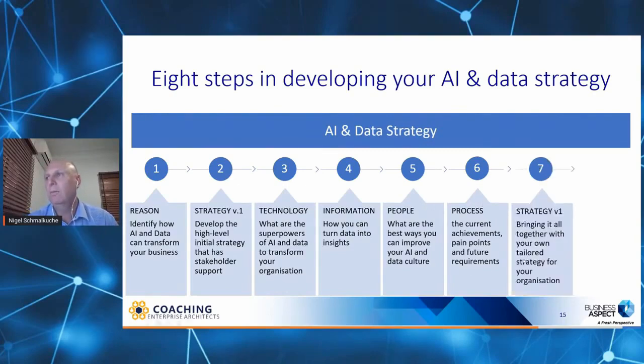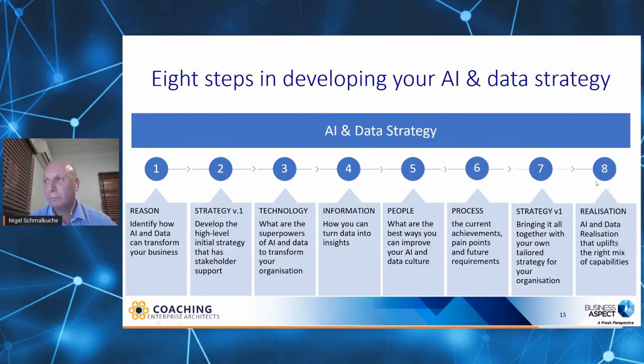And the strategy, then you come up with the strategy that brings together that technology, information, people, and process, and you bring that together and have the final workshops to nut out the strategy and operational plans and how that's going to affect and what programs and initiatives are required.